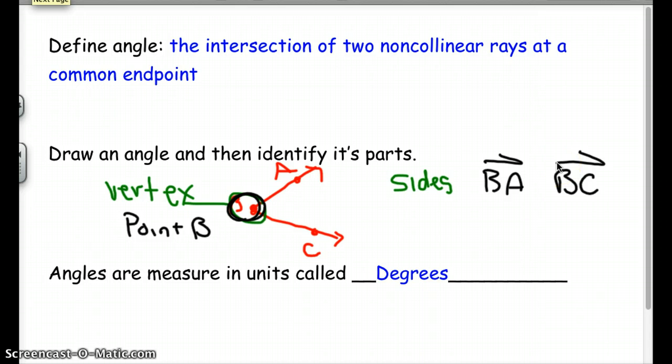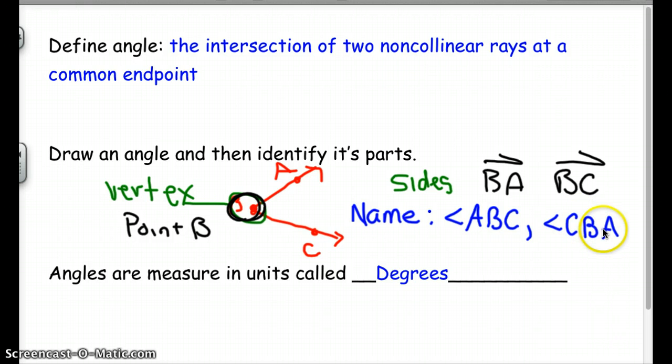Let's talk about how we name angles as well. You can name them by 3 letters, so I can call it angle ABC, or if you wanted to do it the other way and start with C first and then go BA, that would be fine. You could also name it by just the vertex.